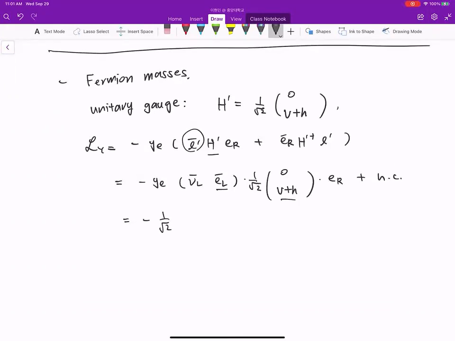So at least we can say that in this gauge, there is no interaction to neutrinos. So you can expand it. Then just multiply this one, right? And then another.